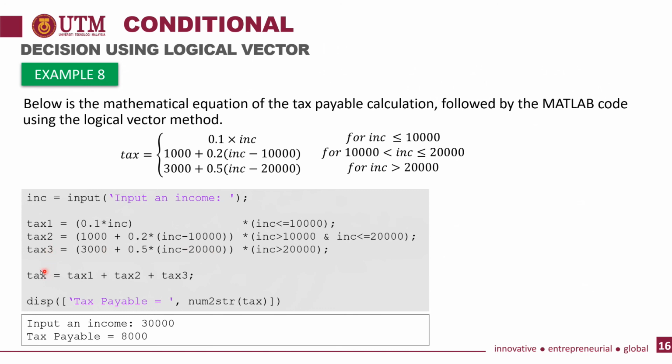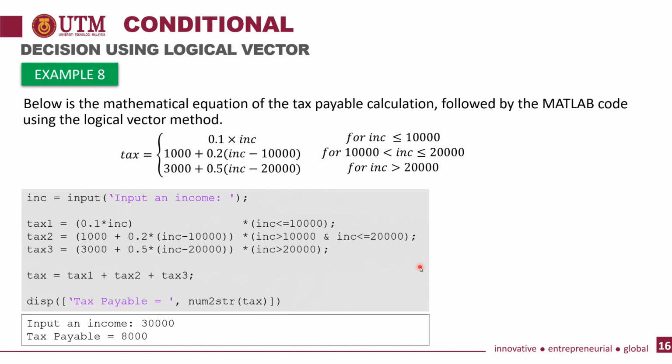Lastly, tax equals 0 plus 0 plus tax3. So tax will be equal to tax3 because $30,000 fulfills the tax3 condition. This is how you can design your conditional decision by using a logical vector.